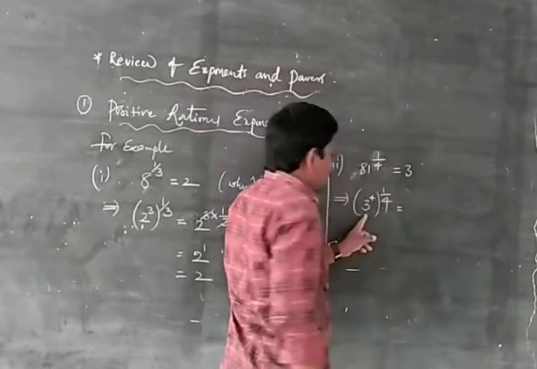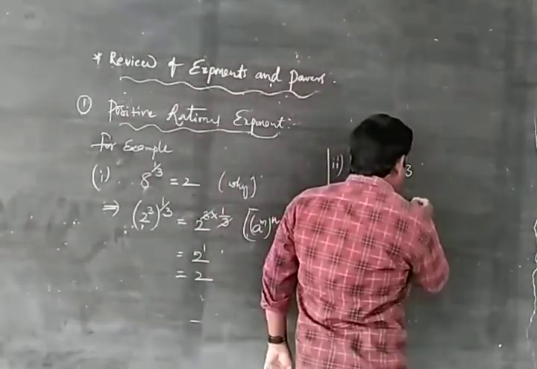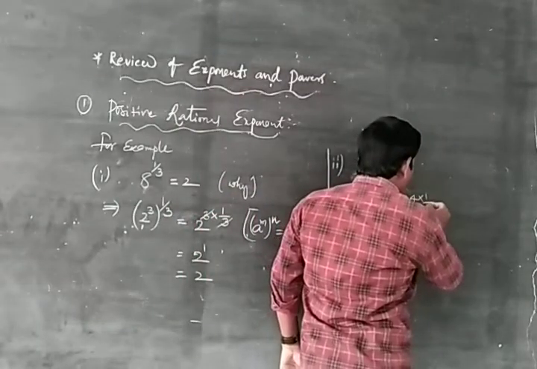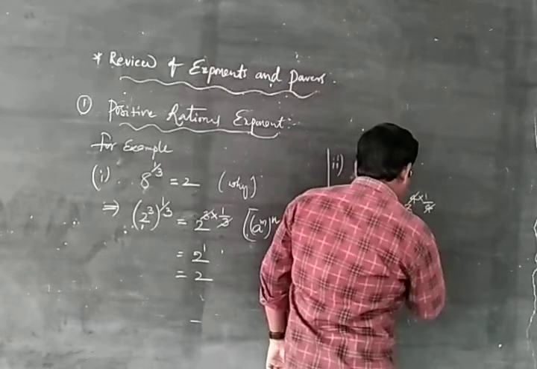Again use the formula (a power m) whole power n equals a power mn. That means 3 power 4 into 1 by 4. The 4s cancel, and it is 3 power 1, which equals 3.